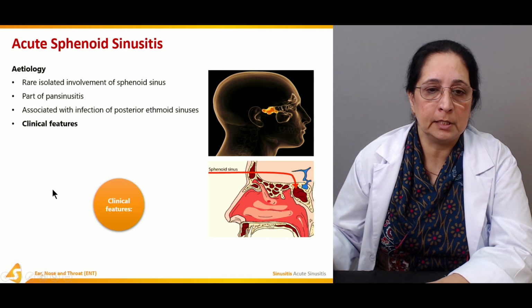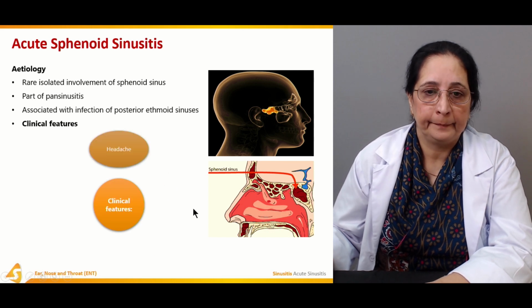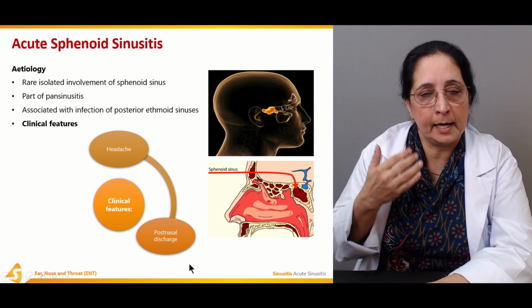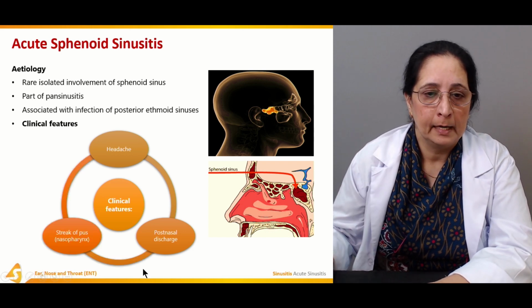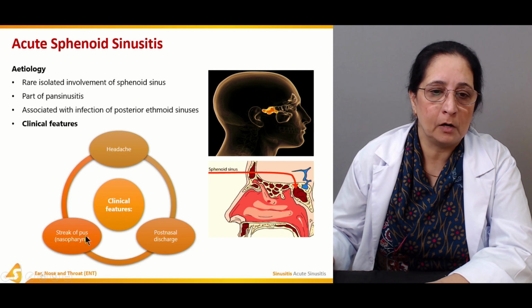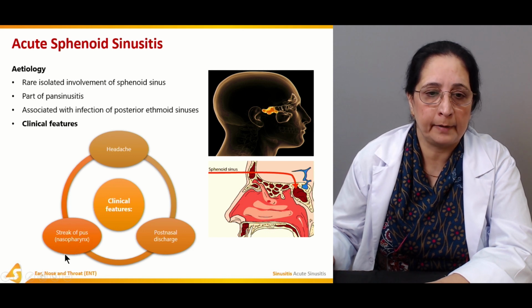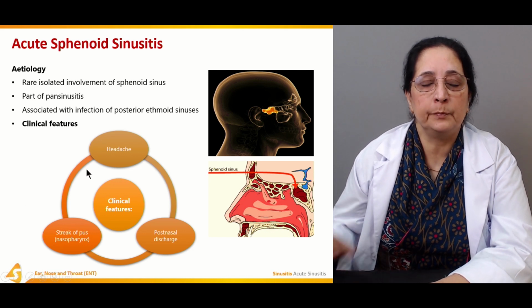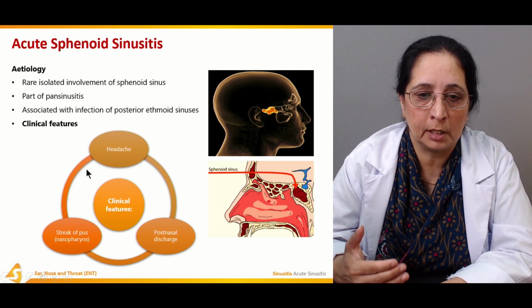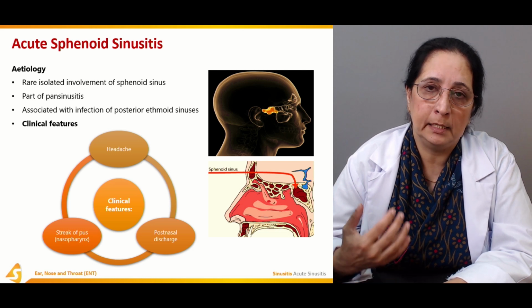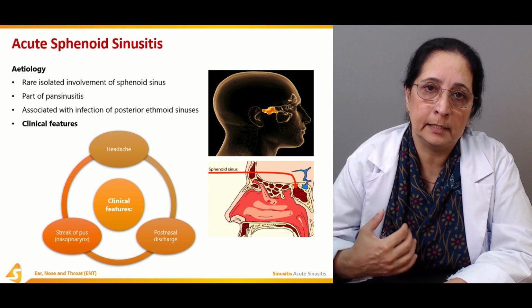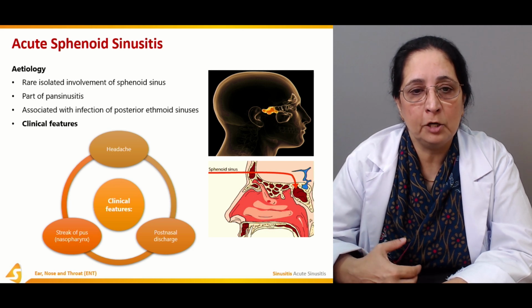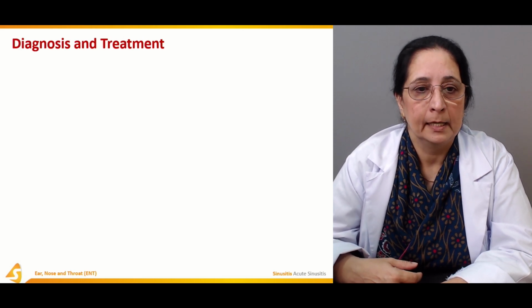Clinical features are headache, post-nasal discharge that is felt at the back in the throat, and also a streak of pus in the nasopharynx. So these are the common features: post-nasal discharge and pus in the discharge are the signs or clinical features of sphenoid sinusitis.